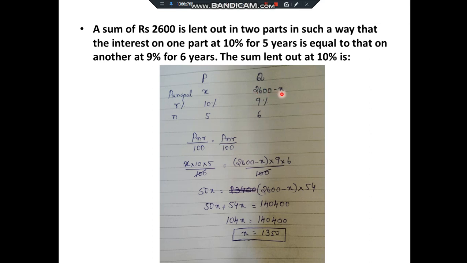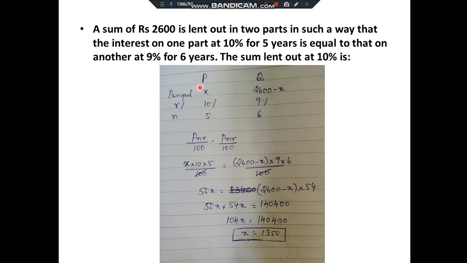Then the rate of interest is 10% and 9% per annum. Write it down, and N is 5 and 6. Now the hint here is that one part's interest is equal to the other part's interest. So PNR by 100 interest formula, which is equal to again PNR by 100.